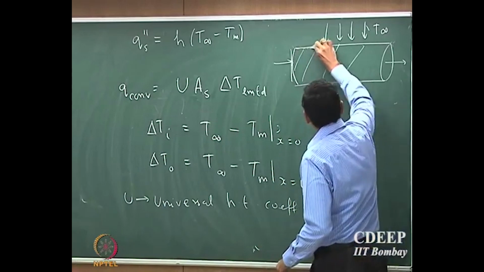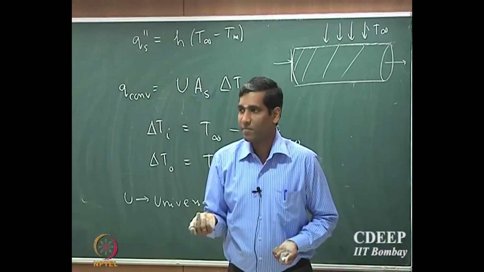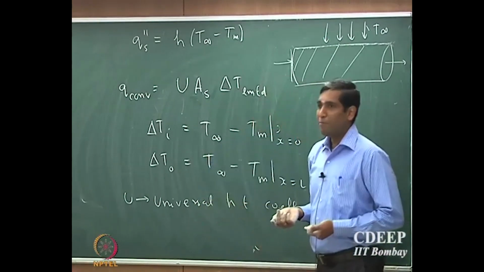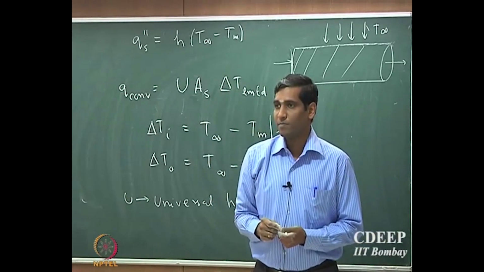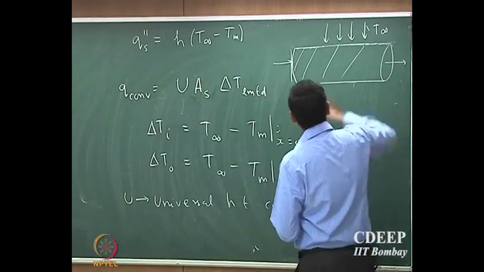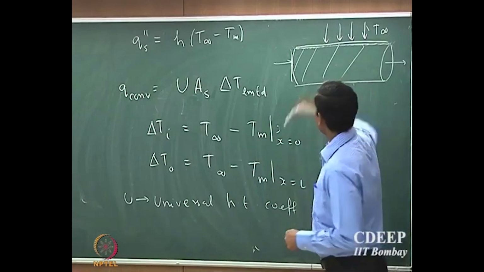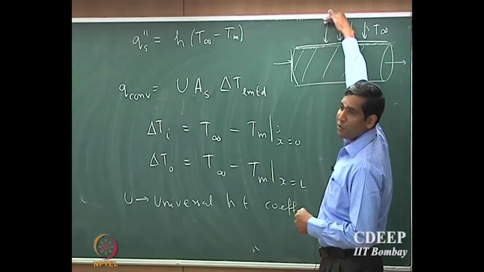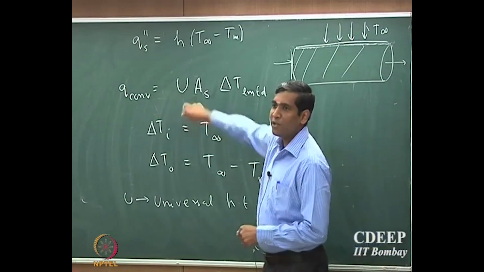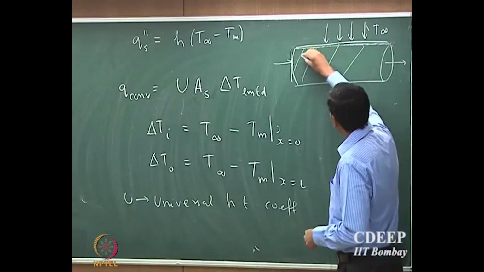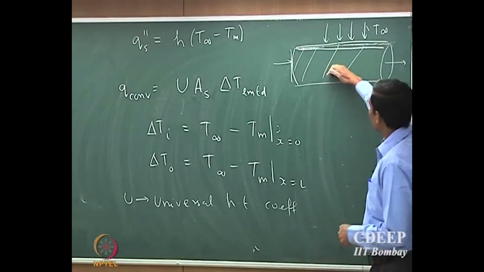The reason why it is universal is the wall of the tube is a certain definite thickness, so there is going to be resistance to conduction in the wall of the circular tube, and there will also be resistance for heat transport between the external surface and the fluid flowing past it. The universal heat transport coefficient essentially accounts for the heat transport coefficient from the fluid to the wall.